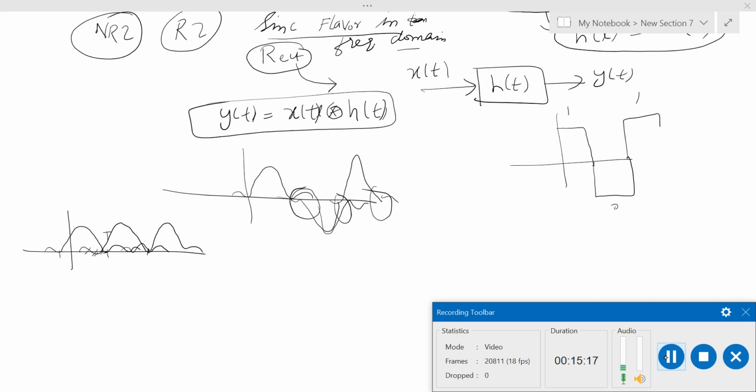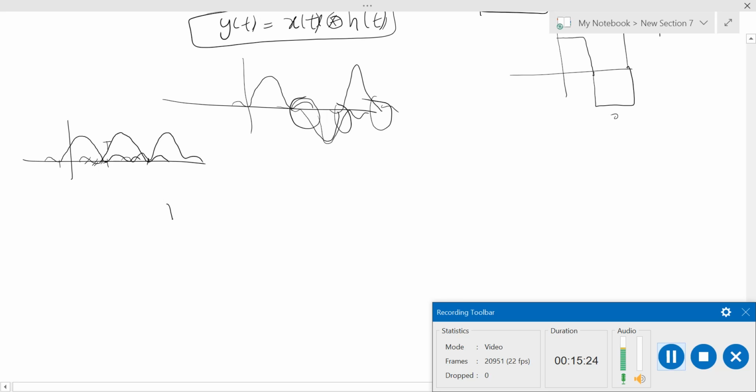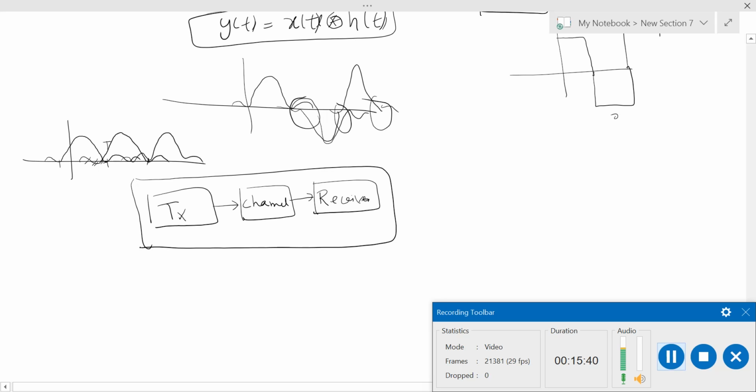So what Nyquist suggests is that if you represent the complete system, so transmitter, channel, and receiver, okay, you treat this as a complete system, and you call its overall impulse response H effective of t.